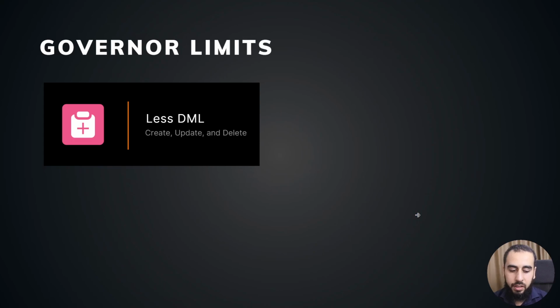There are also governor limits. We need to be mindful of governor limits to avoid errors. So try to use less DML: fewer create elements, update elements, and delete elements.